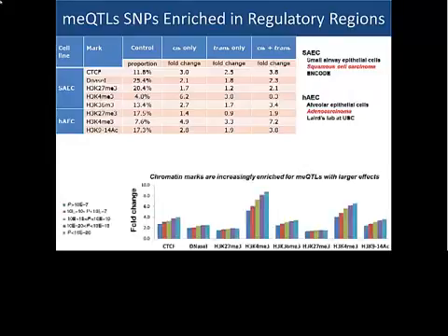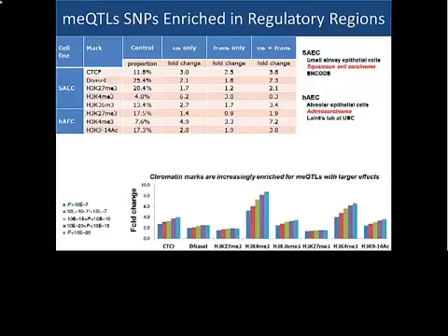Next, we show that these chromatin markers are increasingly enriched for methylation QTLs with large effects. We partition the methylation QTLs according to their association p-values, and we see whether methylation QTLs with a larger effect have more enrichment for these histone marks, and this is true.